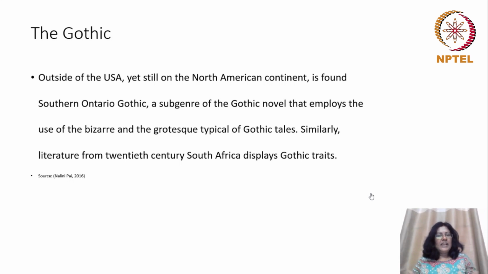So you can see how the Gothic is prevalent almost everywhere on this globe. Anything that pertains to the bizarre and the grotesque, and how these strange topoi or characteristics are used to talk about the nation's trauma, becomes an example of the Gothic subgenre. So as you can see, South African fiction also displays Gothic traits.